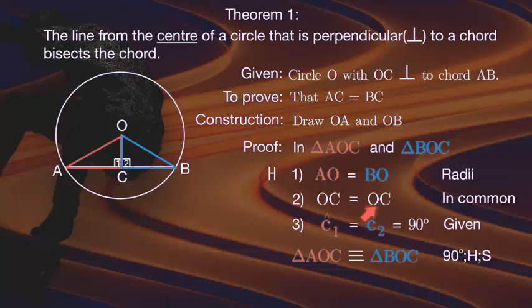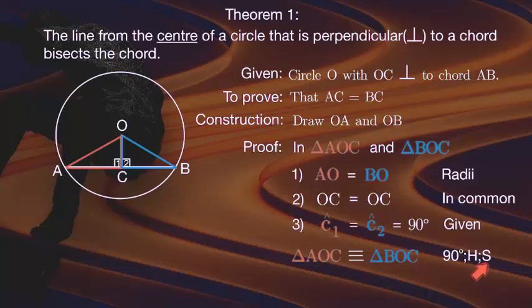Then we have OC and OC, which is just this side of this red triangle is the same as this side of the blue one. So it's just a normal side in the right angle triangle. And then we've got the 90-degree angle, right? So our reason will be a 90-degree angle. The hypotenuses are the same in both triangles. And then we've got a side that is the same for both the triangles.